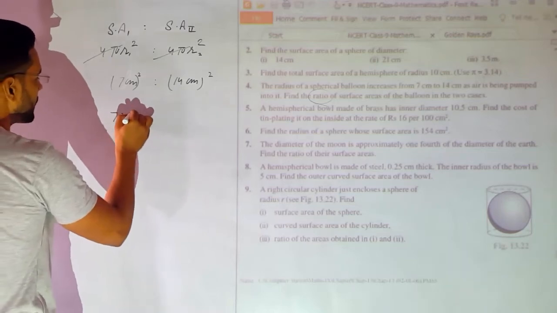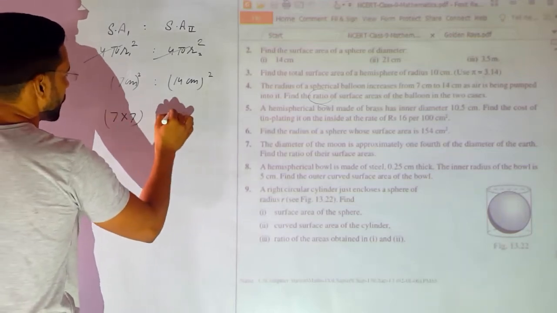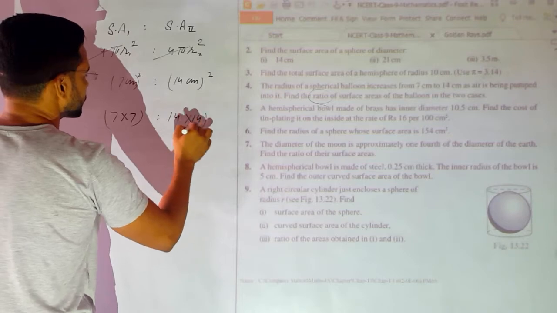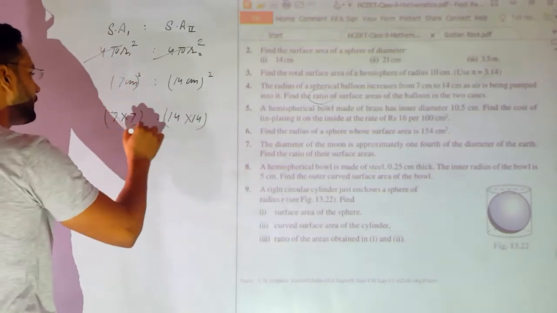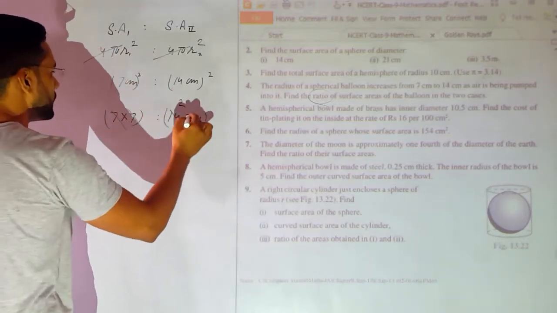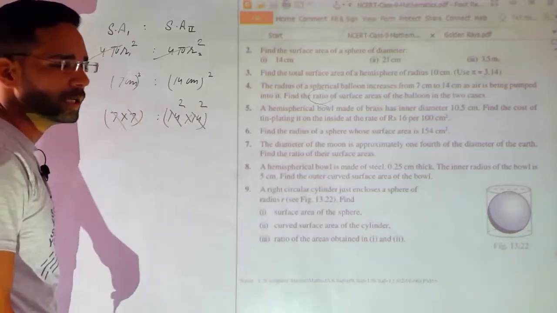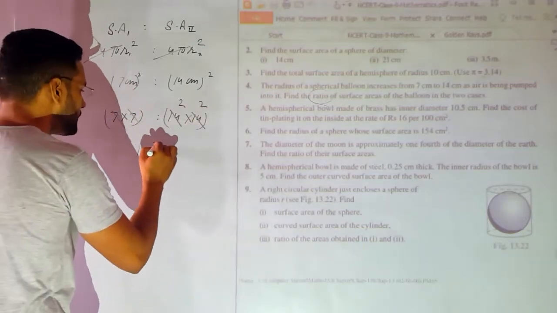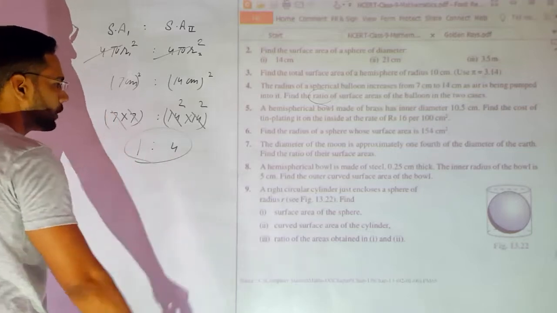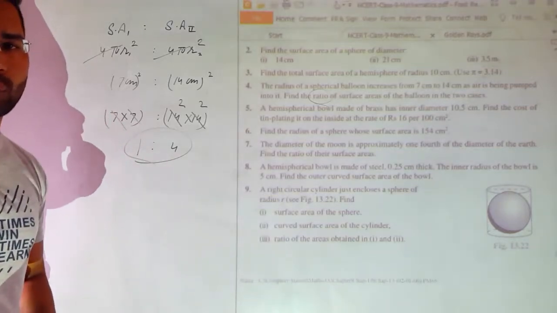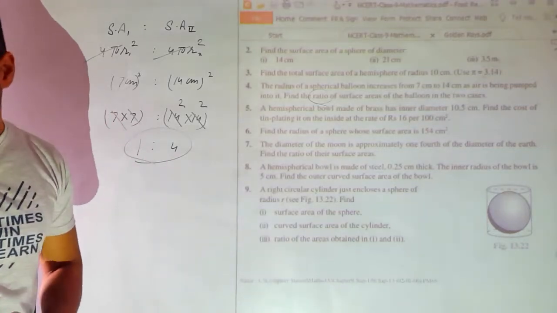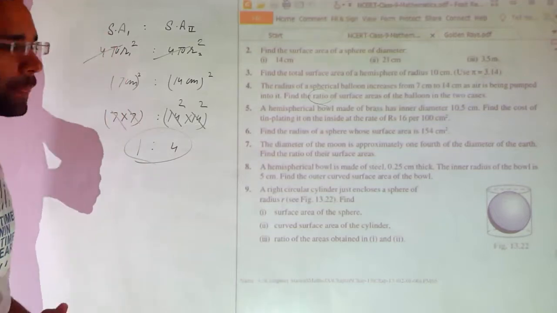Now 7 into 7, 14 into 14. 7 cancels 7, 7 twos are 14, and so on. It means simple. 1:4 will be your answer.